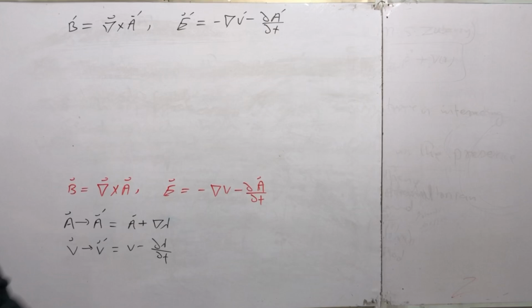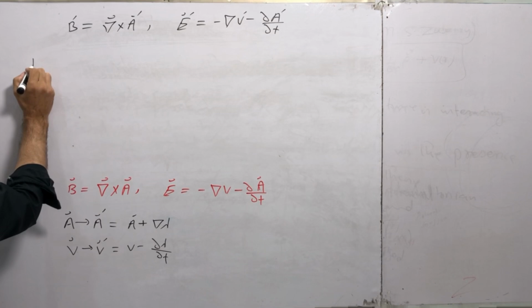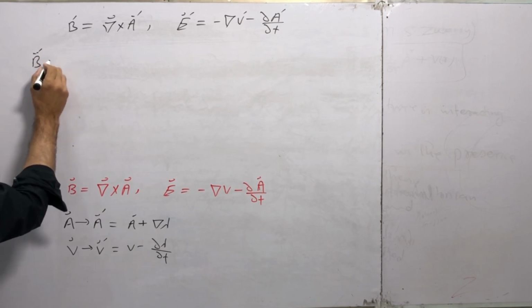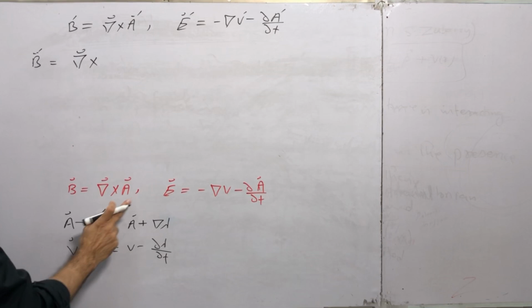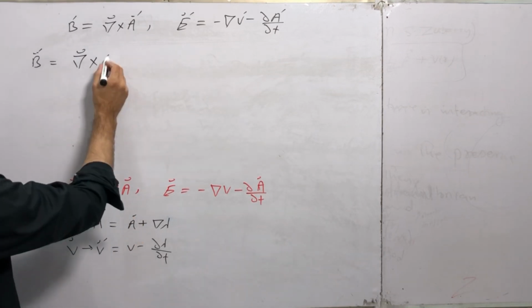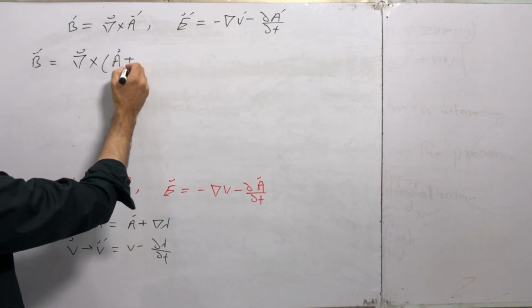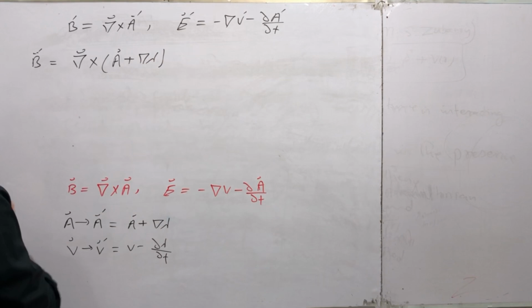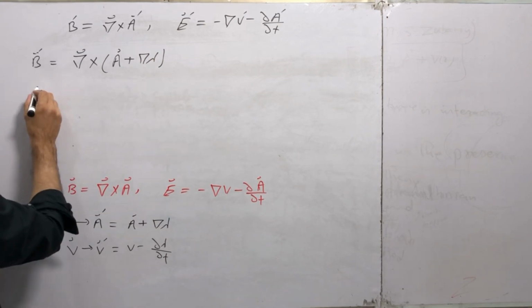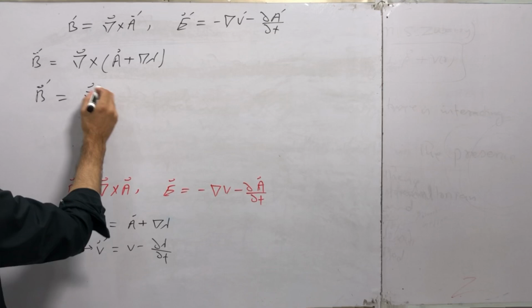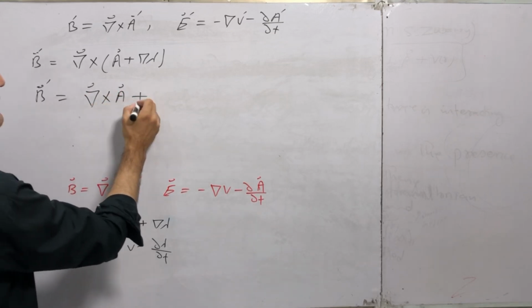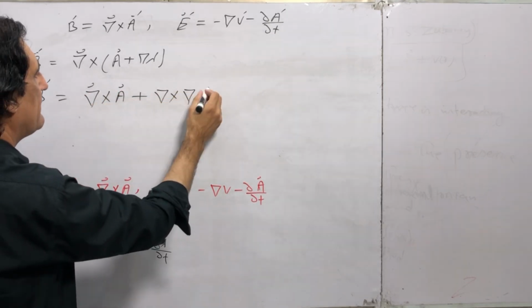First of all, I would like to consider this equation and put in the value of A prime. So B prime is equal to del cross A prime, which is A plus del lambda. B prime is equal to del cross A plus del cross del lambda.